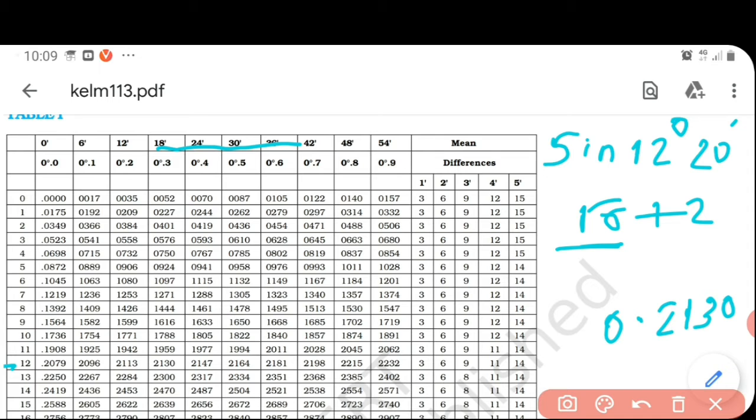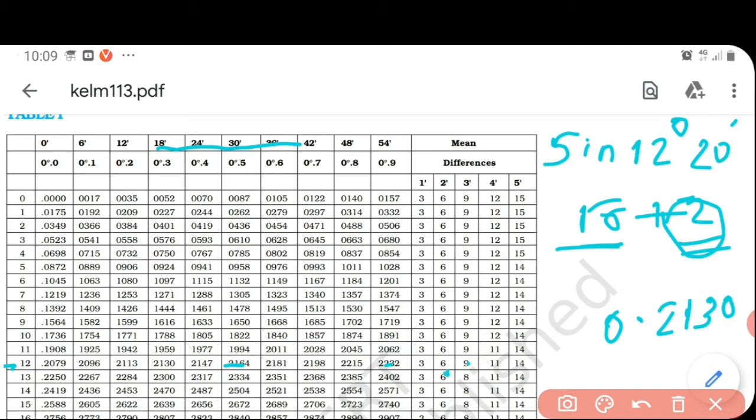Now here 2 is remaining, that you have to look up in the mean difference column. In the same row, the 12 degree row, you look in the mean difference column corresponding to 2. When you look there, you will get 6.